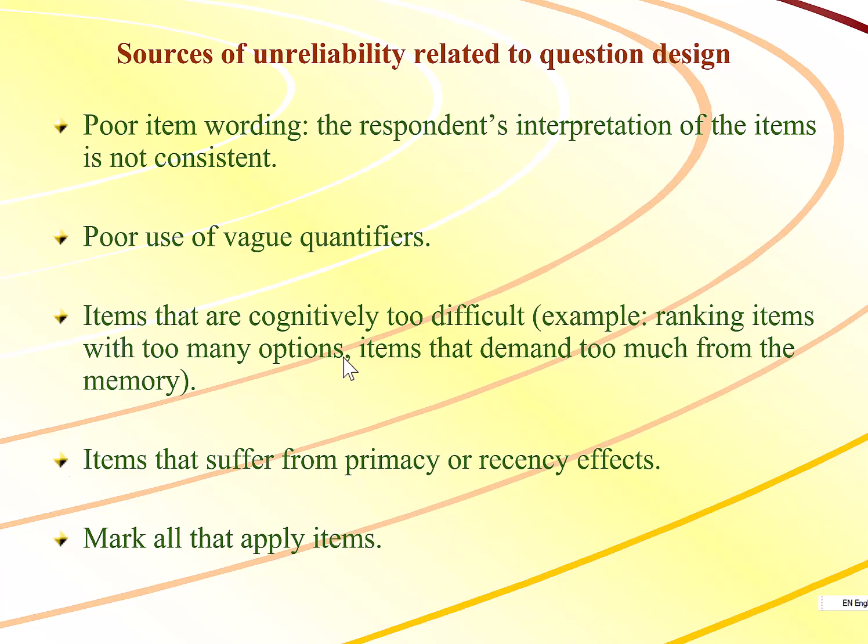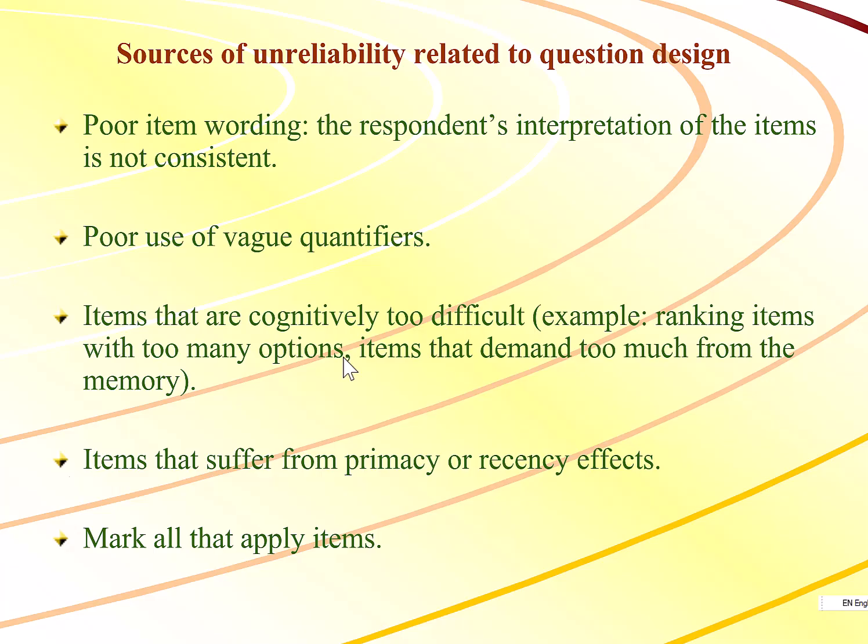Primacy and recency effects in long lists of options cause unreliability. Primacy, in self-administered surveys, means that individuals will pay more attention to the first options, but this varies from person to person.